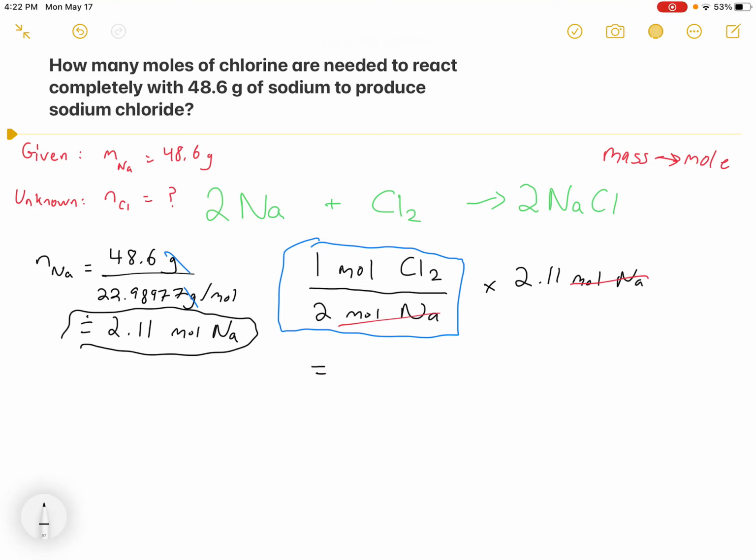When you multiply the proportion in the blue box by the amount of moles of sodium we have, you're going to get an answer of about 1.055 moles of Cl2.